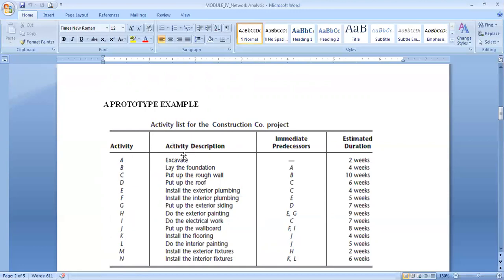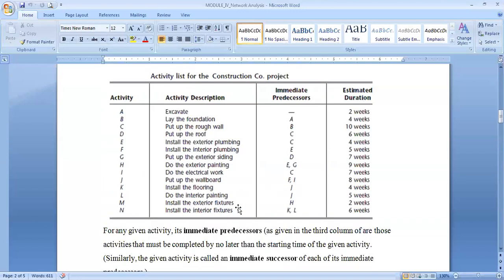Then the description of each activity is given as excavation, then lay the foundation, then put up the rough wall, then put up the roof, then exterior plumbing, interior plumbing, then exterior siding, then exterior painting, electrification, then putting the wall board, then flooring, then painting, then exterior and interior fixtures.